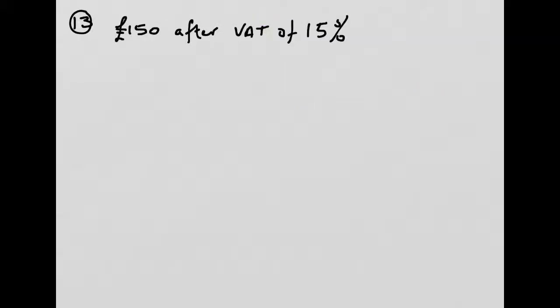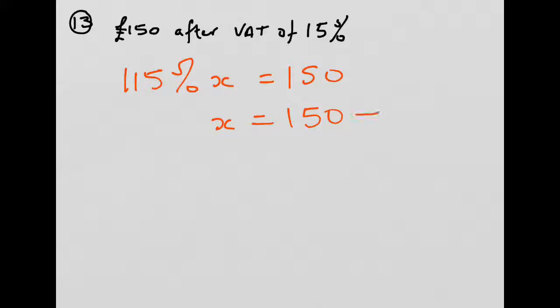Number 13, the microwave was £150 after VAT was added at 15%. So we've got 115% of the price is equal to £150. It's a reverse percentage, so 150 divided by 115% as a decimal, which is 1.15. If we do that, we get an answer of £130.43.